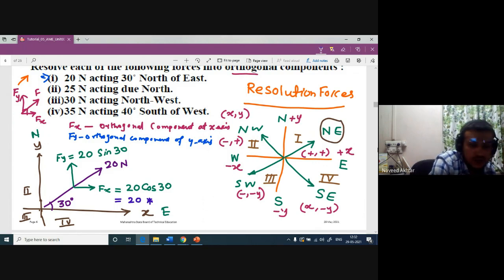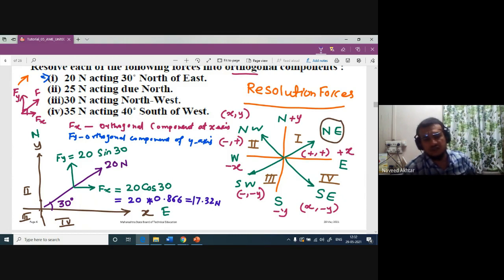So 20 into 0.866, that is 17.32 Newton, not kilonewton. समझ में आया?